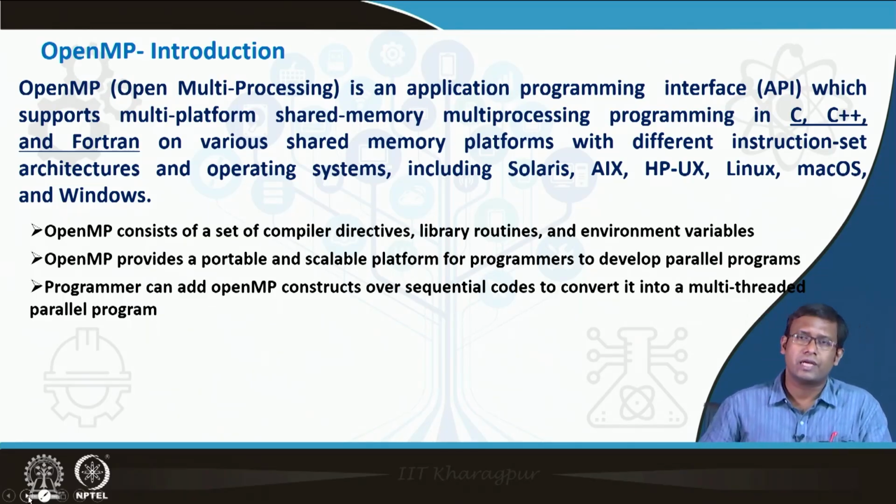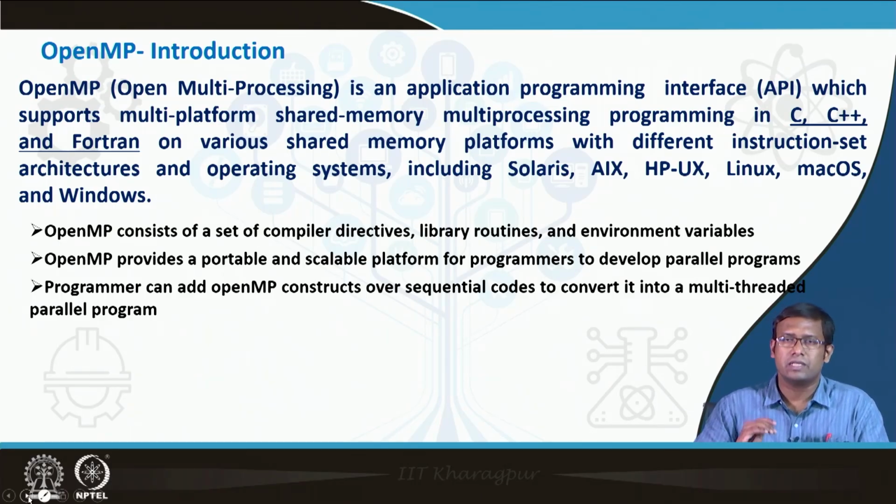So parallelization of an already existing sequential program is quite doable using OpenMP, and that is one of the goals of OpenMP. We will see how OpenMP was developed and how it was standardized, and we can understand that this has been one of the driving forces of getting OpenMP available to different people across different fields, so that they can convert their sequential code to a multi-threaded parallel program.